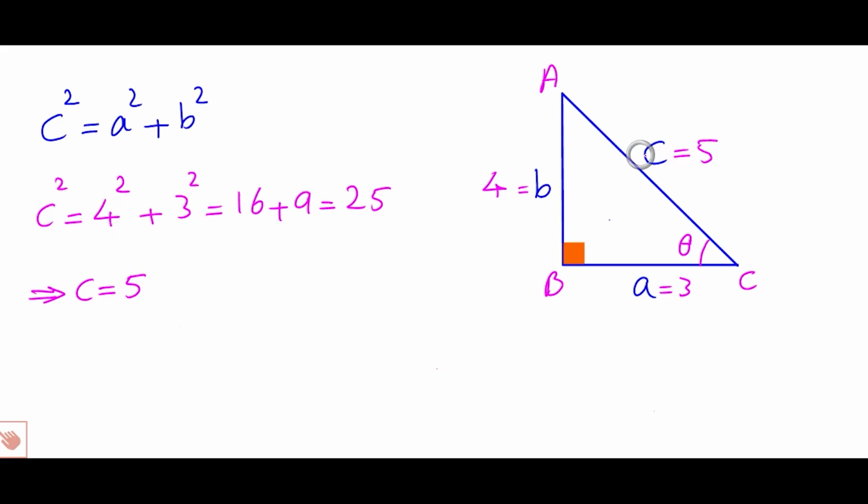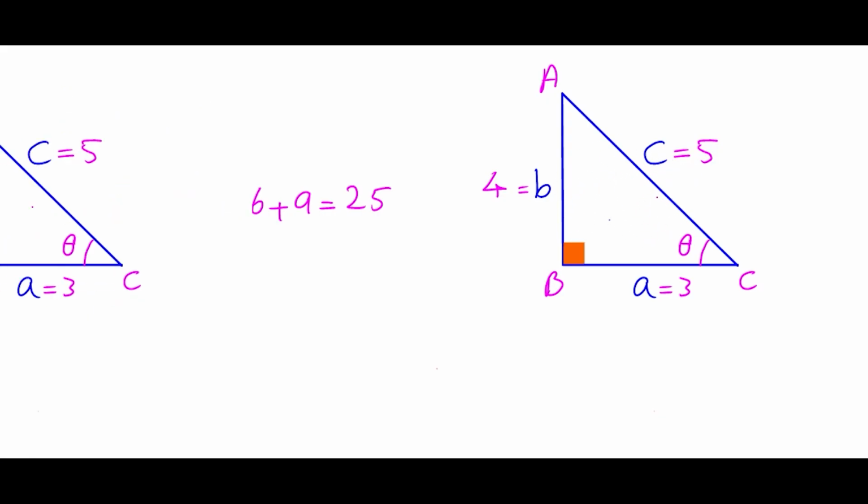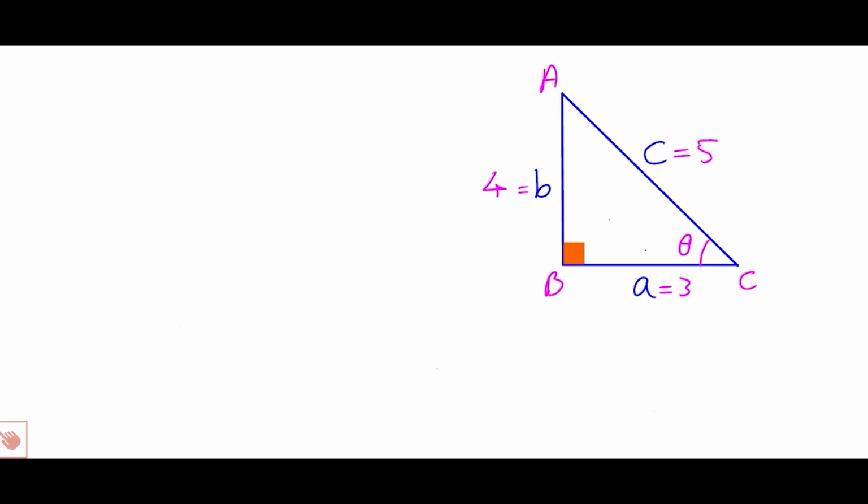So in this triangle, we can write the trigonometric ratios like this. We know that sine of an angle is opposite over hypotenuse. So sine theta is equal to 4 over 5.